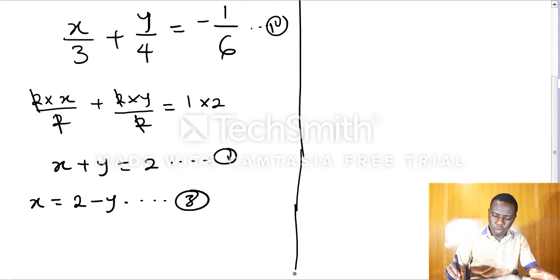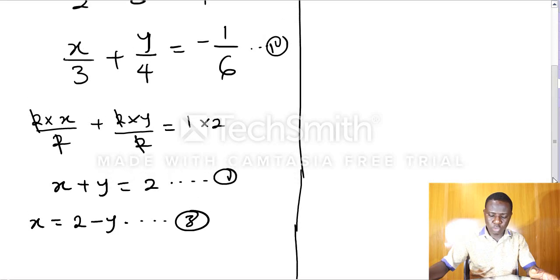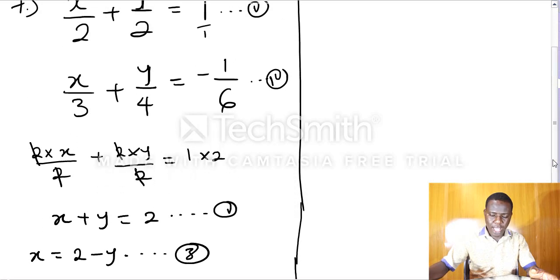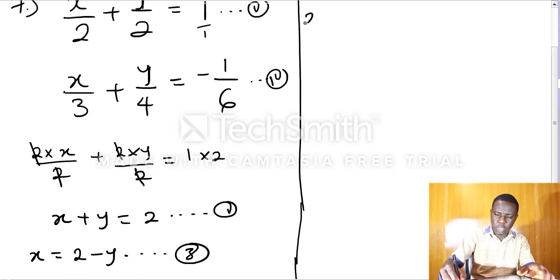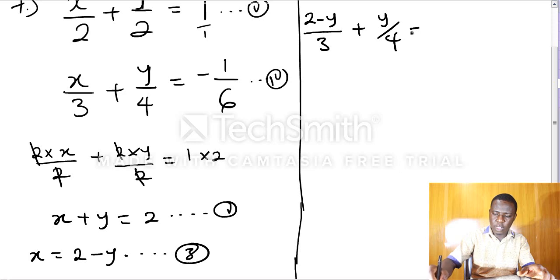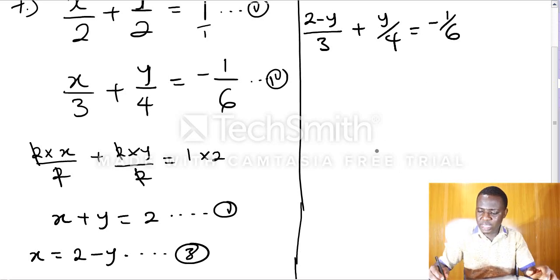So this becomes, I have defined my x to be equal to 2 minus y. So I'm going to substitute 2 minus y for x in equation 2. So this becomes (2 minus y) divided by 3 plus y divided by 4 is equal to minus 1 divided by 6.